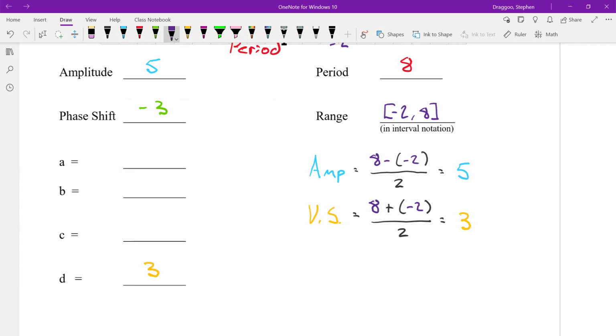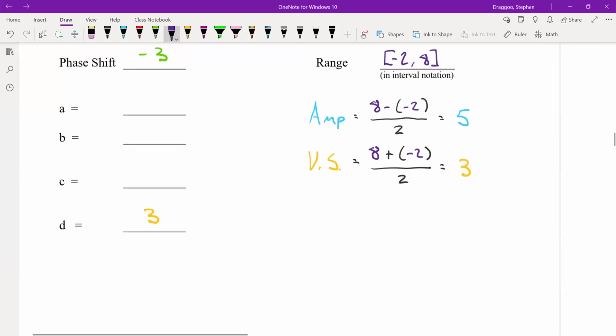Cool. So what's next? We should get B. That requires a little bit of work. B, or the angular frequency, is another name for that value of B. And again, if you've taken a physics class, oftentimes this is a lowercase omega instead of B. Lowercase omega looks like a W. But we usually use A, B, and C here because it's easier to remember.